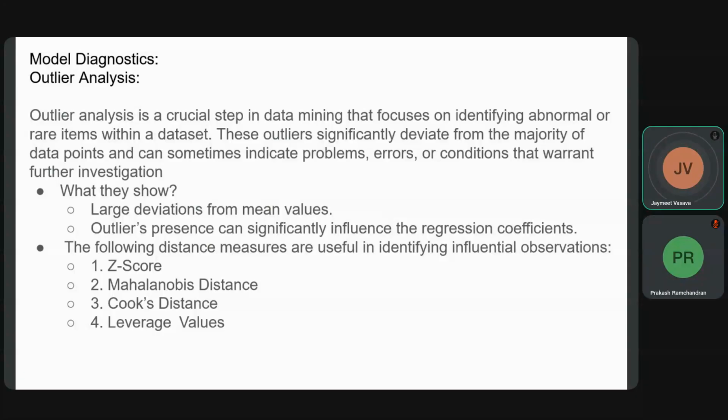They show large deviations from the mean values, and outlier presence can significantly influence the regression coefficients. In order to test those influential observations, we have four tests: Z-score, Mahalanobis distance, Cook's distance, and leverage values.